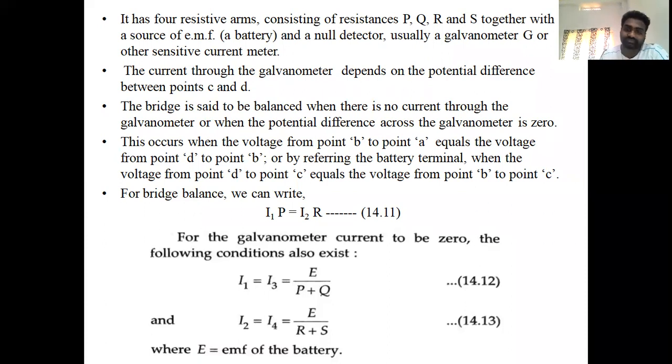What happens next? I1 into P is equal to I2 into R. In a balanced condition, I1 is equal to I3, which is equal to E by P plus Q, and I2 is equal to I4, which is equal to E by R plus S, where E is the EMF of the battery.